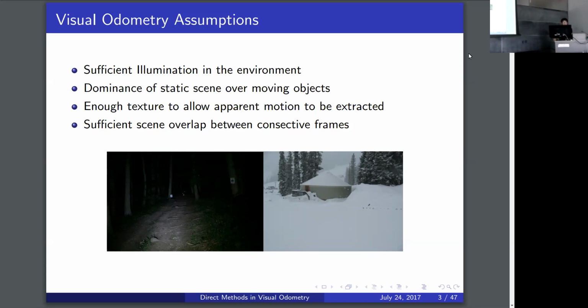The last point is more like: you need a fast enough camera so that between two frames you can still observe the same features, to be able to extract the motion estimates.